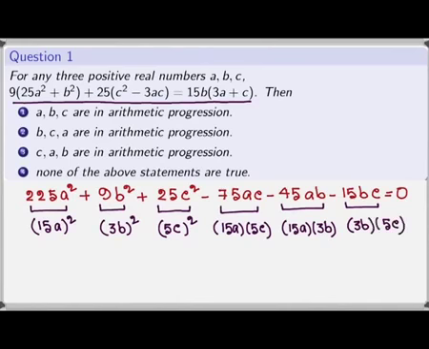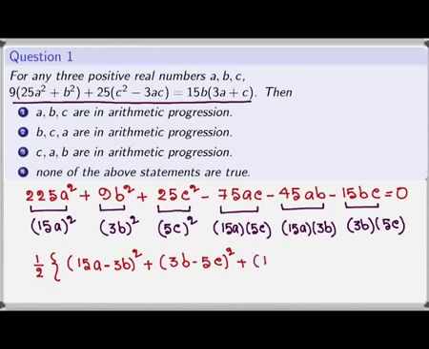So, this whole equation can be rewritten as 1 by 2 into (15a minus 3b) whole square plus (3b minus 5c) whole square plus (15a minus 5c) whole square is equal to 0.